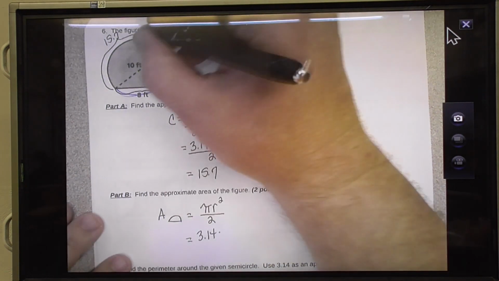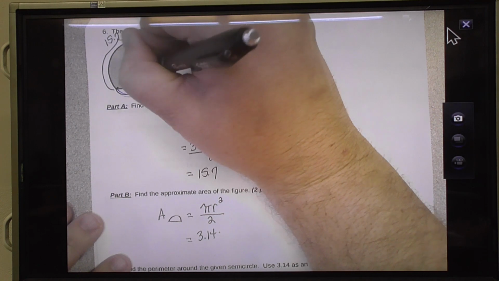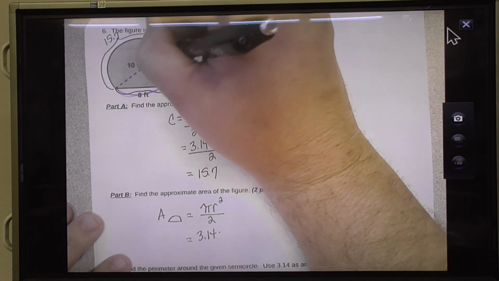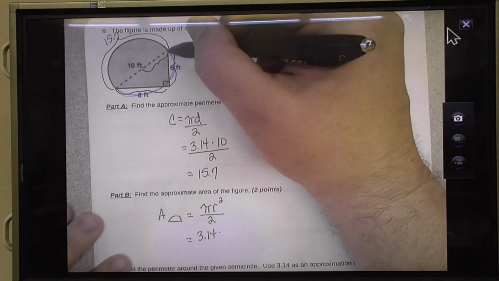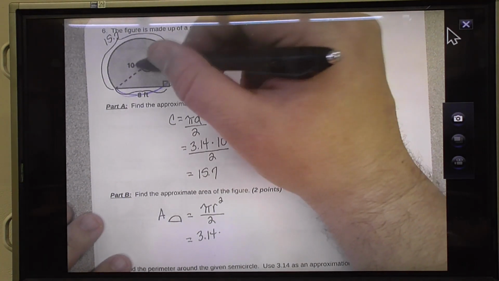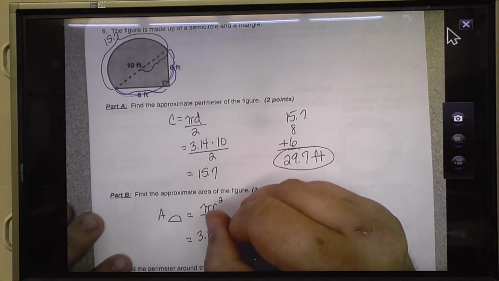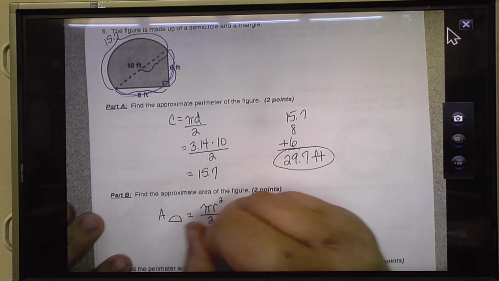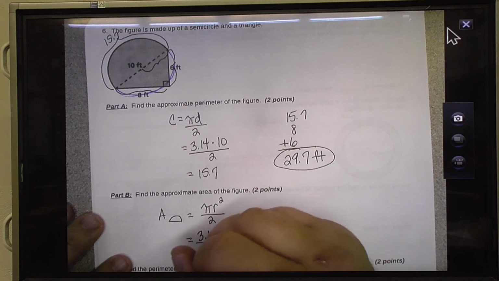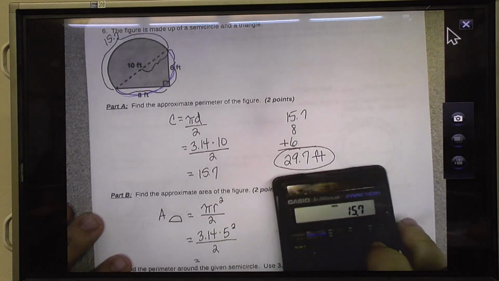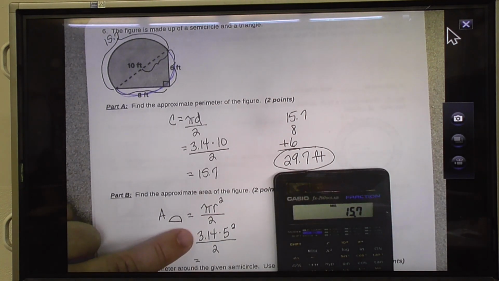Your radius is not this whole dotted line. Your radius is half that dotted line, from the center to the outside of the circle. So half of 10 gives me 5. And then we have to remember to divide that by 2. I'm going to do all the math on the calculator right here.